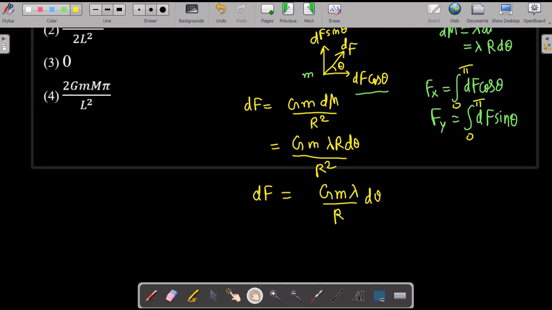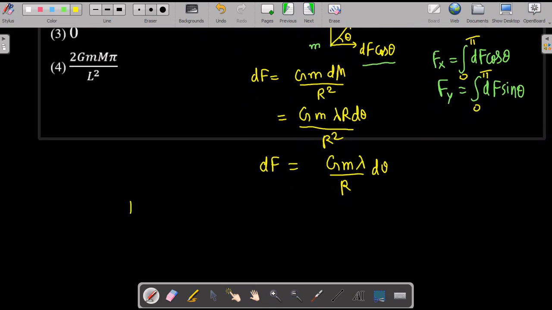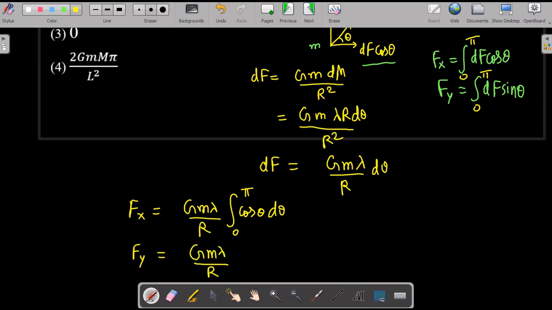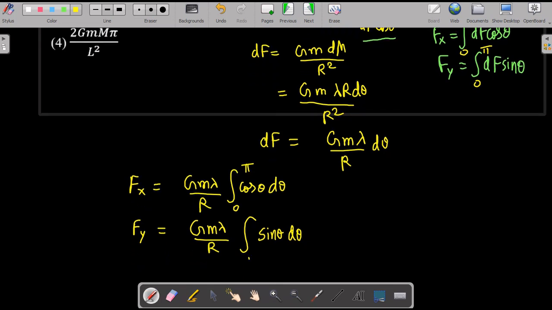So when you substitute this in the calculation of Fx, dF cos theta, G m lambda by r comes out, and you have to do the integration of cos theta d theta going from 0 to pi. In the same way for Fy, you have to do G m lambda by r integration of sin theta d theta, right? 0 to pi.